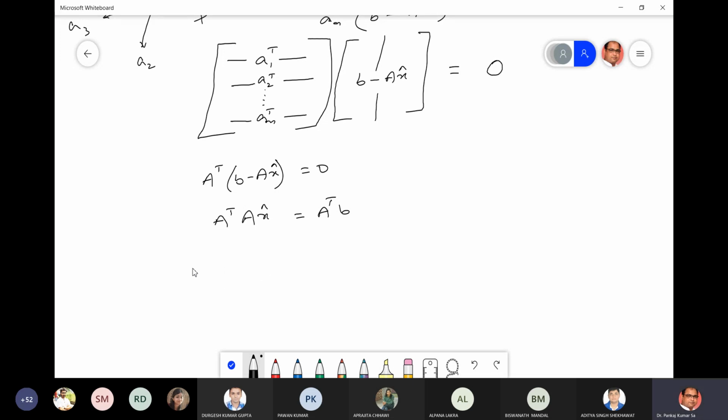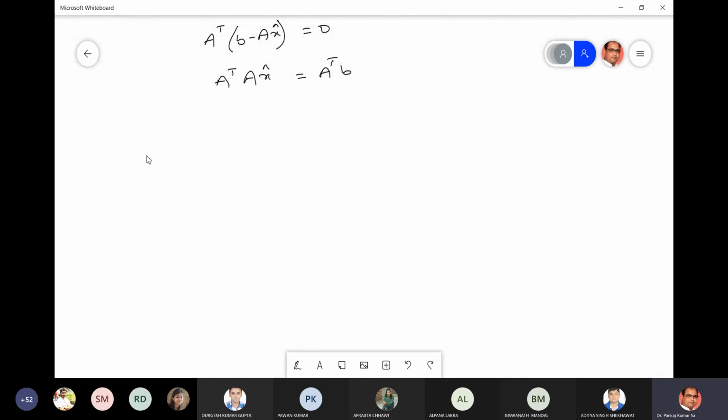Okay. Now, for the sake of illustrating how this works, let us see one example. Let me have a system of equations, let us say we had y equal to mx plus c.